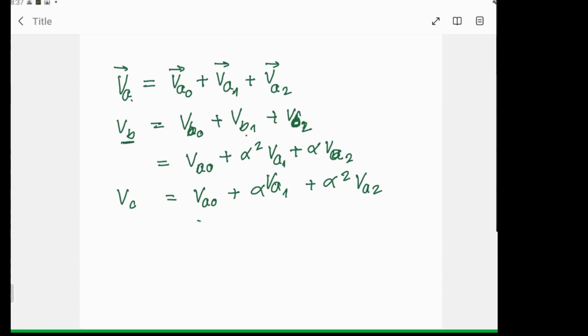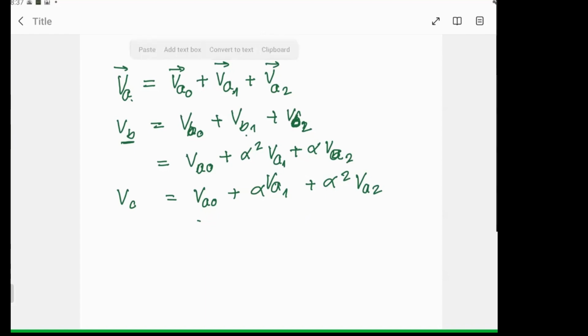So this is how we have to find out the phase. For finding out the A phase, I have to consider three components of that A phase. What are the three components? Zero sequence component, A naught, then positive sequence component, A1, and the negative sequence component, A2.